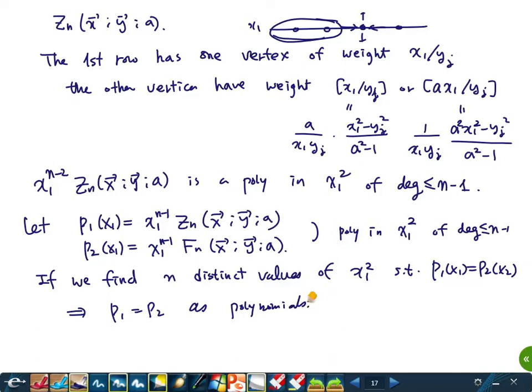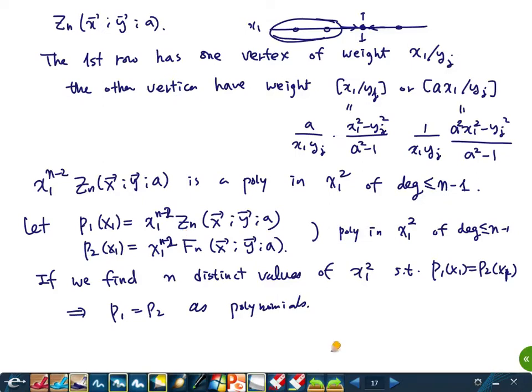Because a polynomial of degree n may have at most n distinct roots. If there are more roots than the degree, then the polynomial must be 0. That's what we're going to approach. Oh yeah, that's right, n minus 2, n minus 2. Thank you.